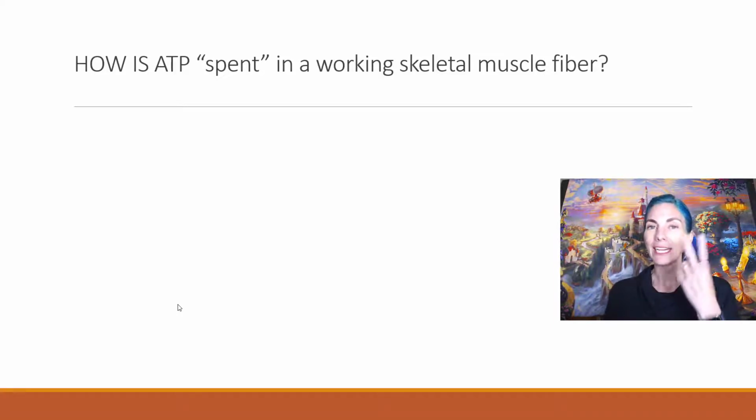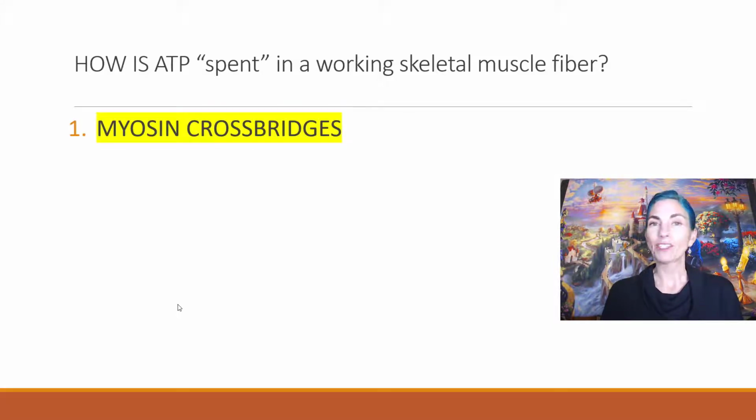All right, my guess is that you came up with 2 answers, but there are actually 3 places where ATP is spent routinely in a working skeletal muscle. We'll go through the 2 that were explicitly stated in a prior lecture. Myosin cross bridges is probably your biggest ATP expense.